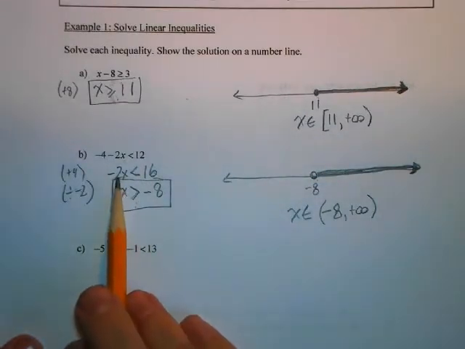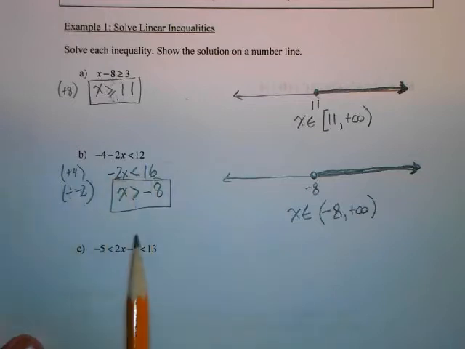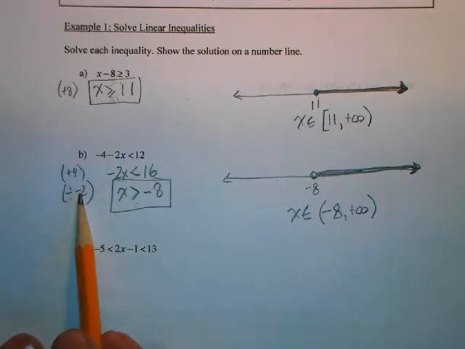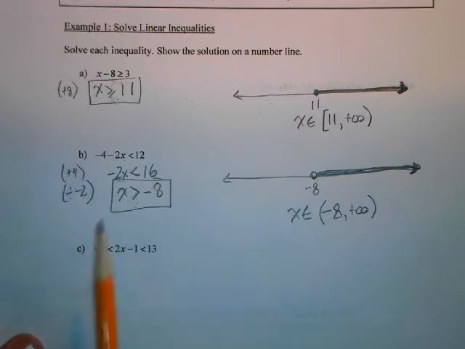So that's a key point. Anytime you multiply or divide by a negative number, you change the direction of the sign. It doesn't matter what you add or subtract, could be positive, negative, that doesn't make any difference, but it's the multiplying or dividing by a negative number that changes the direction. Multiplying or dividing by a positive number has no effect on the direction.